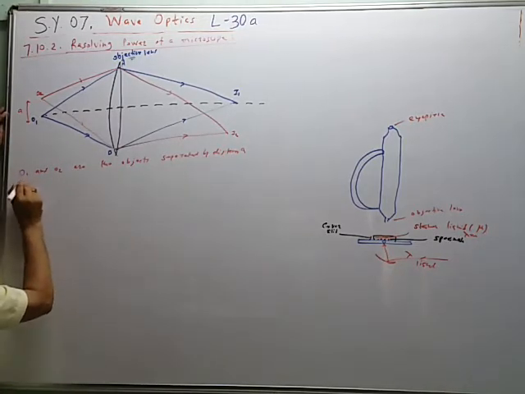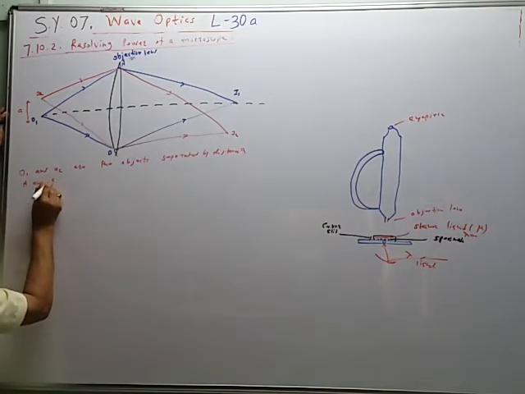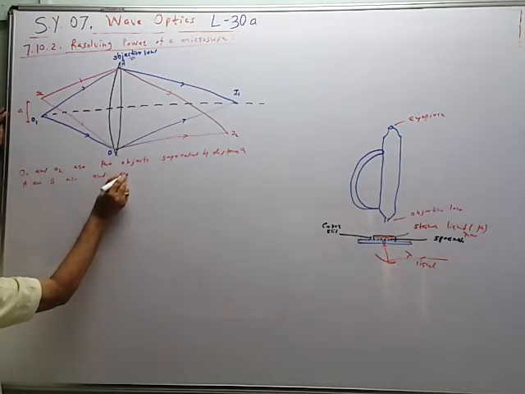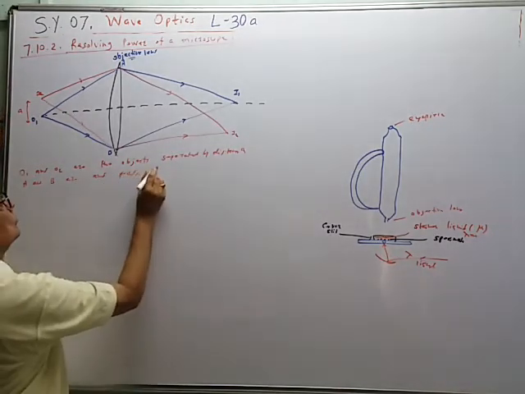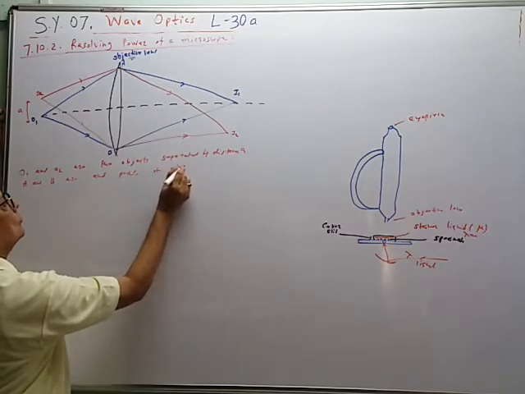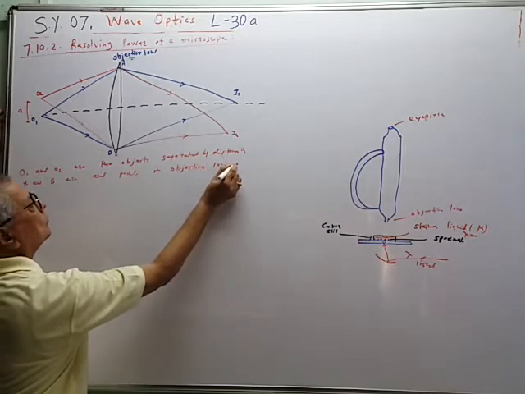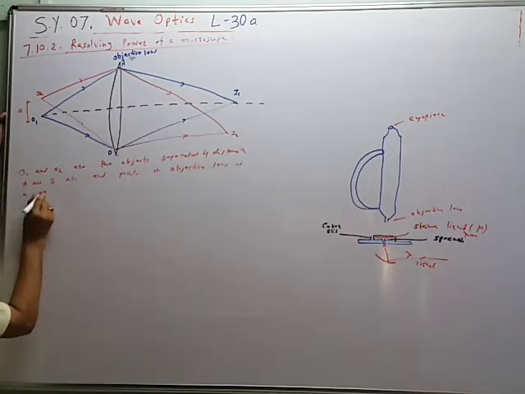Then A and B are endpoints of the objective lens of a microscope.